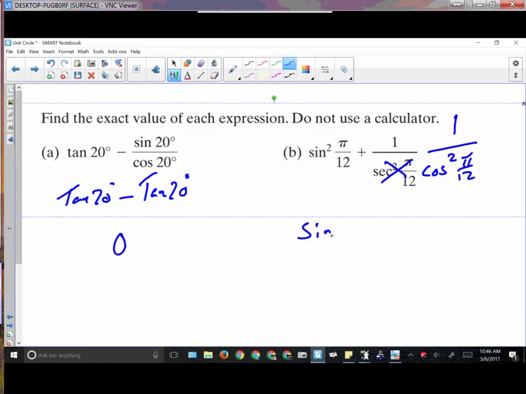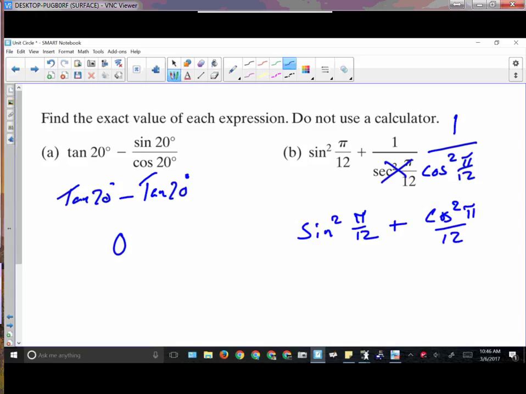So that means it's going to be sine squared pi over 12 plus cosine squared pi over 12, which is equal to what? 1. Why? Sine squared plus cosine squared is equal to 1.